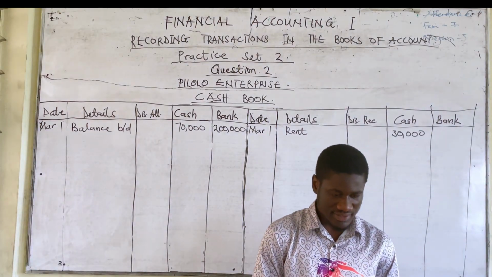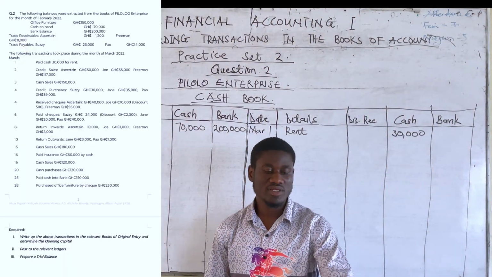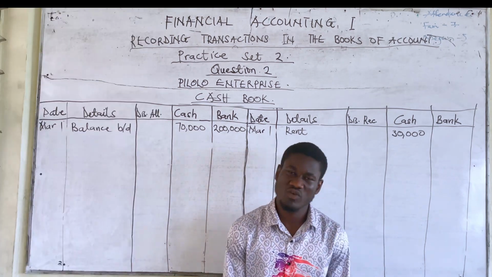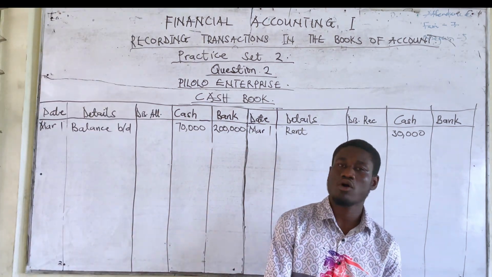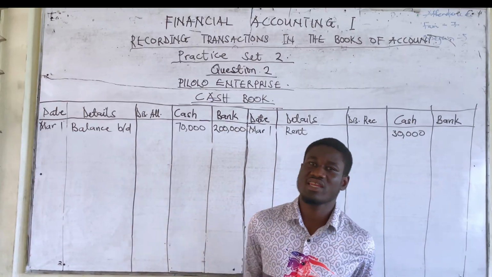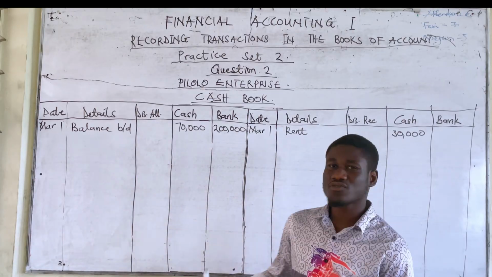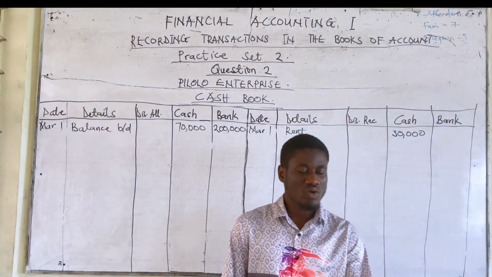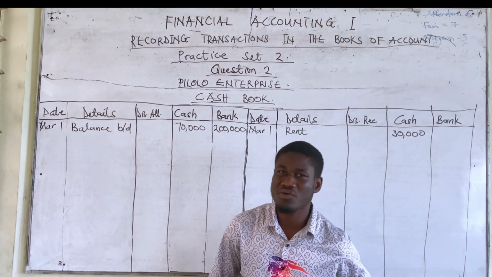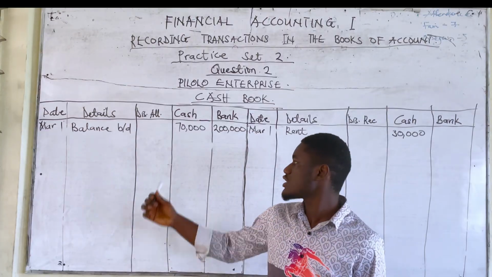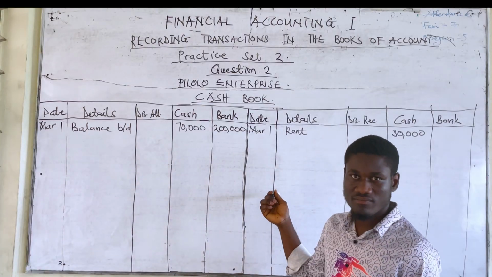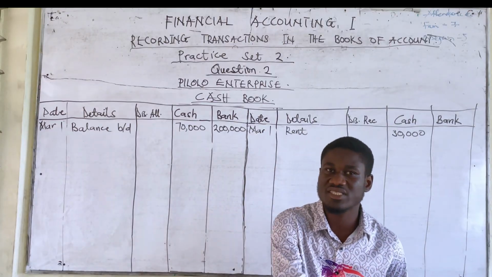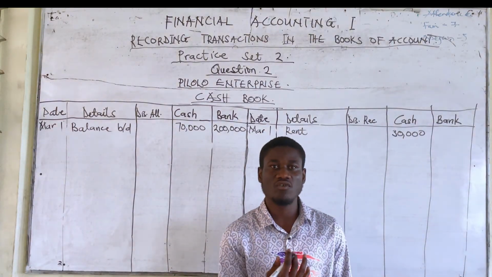It says credit sales. So this credit sales is not involving cash because we've sold to our customers on credit without receiving cash. But this cash book is focused on recording cash and bank transactions. So if we make sales on credit without receiving cash, there's no need for us to record here. For cash sales, we are going to record because when we made a sale, we received cash.